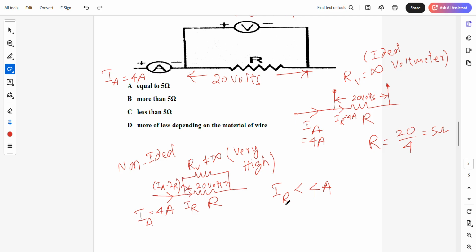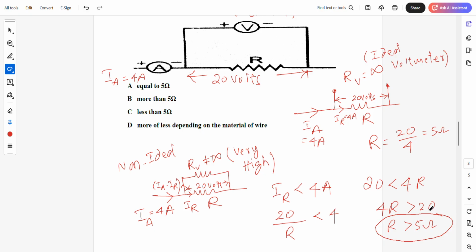IR is equal to V by R, that is 20 by R, which is less than 4. Therefore 20 will be less than 4R, so 4R will be greater than 20. So R will be greater than 5 ohm.